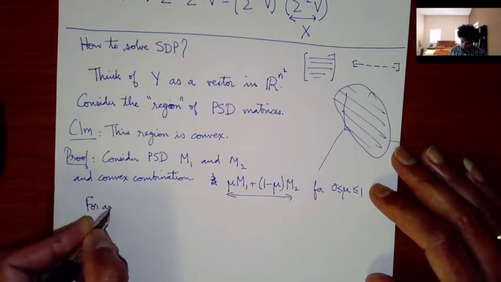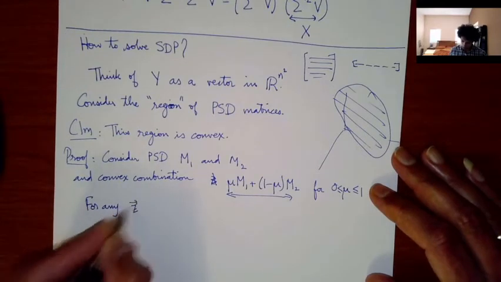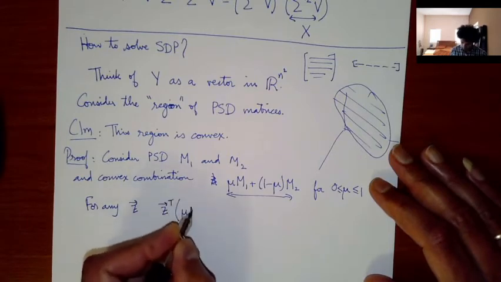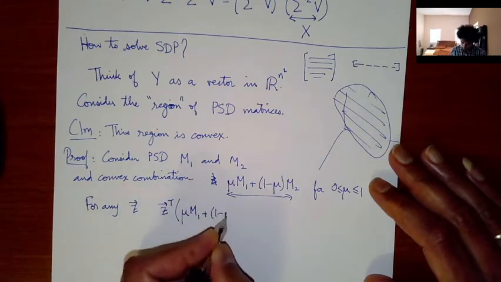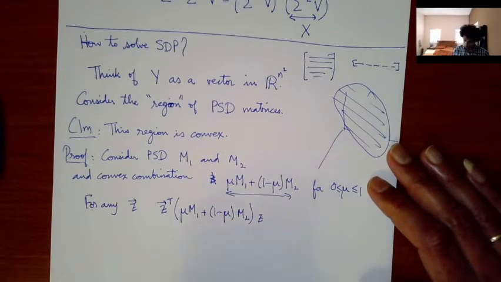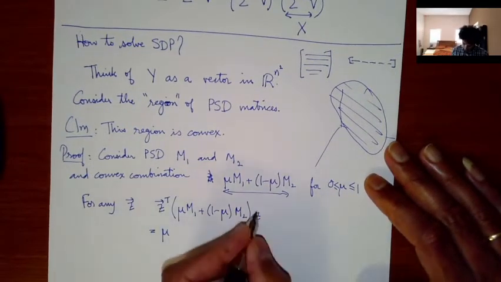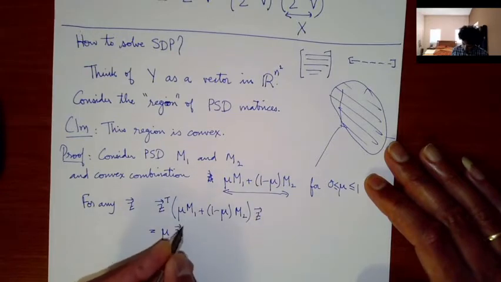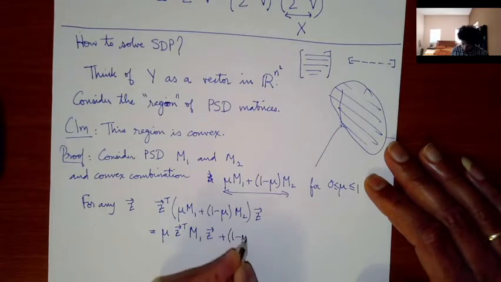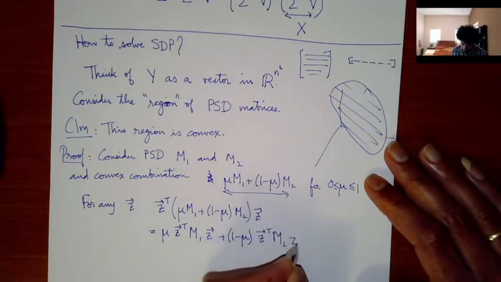For any z, z transpose times mu M1 plus 1 minus mu M2 times z is equal to mu times z transpose M1 z plus 1 minus mu times z transpose M2 z.